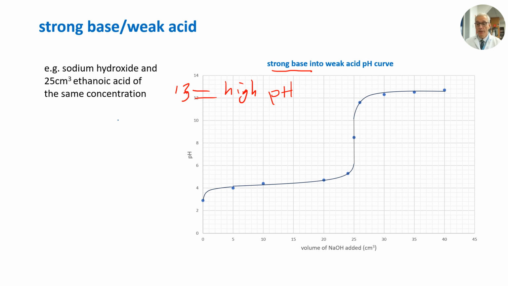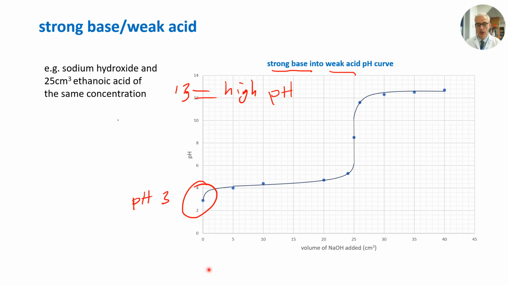But we know that we've got a weak acid initially because look at the starting pH. We've got a pH of about 3 for the original acid solution. So that would imply that we have a weak acid.